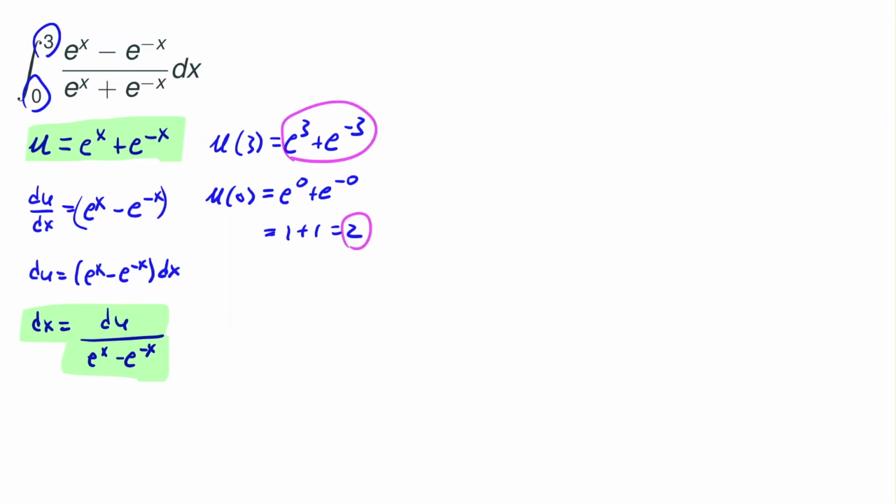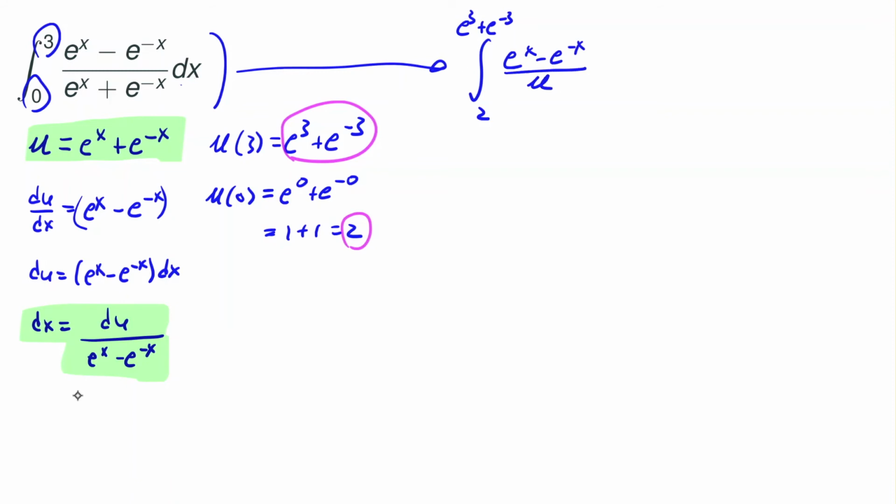So using those, let's substitute. We have 2 to e to the 3 plus e to the negative 3, and the numerator for now stays. Write it over the denominator, which was u. And dx is du over e to the x minus e to the negative x.